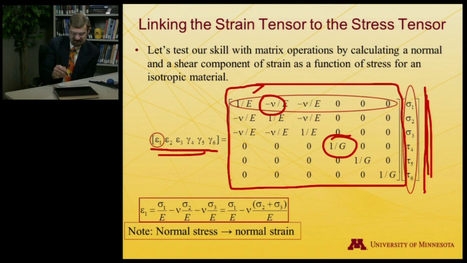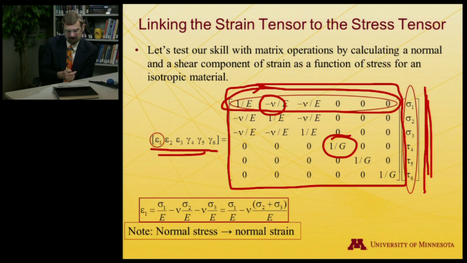Again, we can take this row in the compliance tensor, think about rotating it through 90 degrees, and multiply the 1 over E times sigma 1,1. That gives the first term. Then minus Poisson's ratio over the Young's modulus multiplied by sigma 2 gives the second term, and a similar term, minus Poisson's ratio over the Young's modulus times sigma 3.